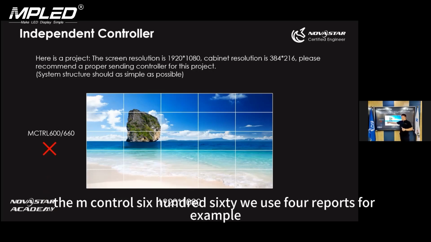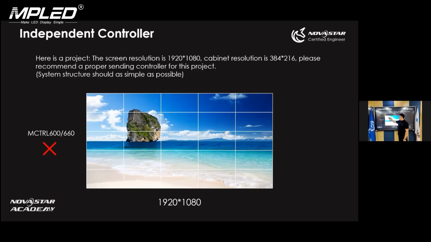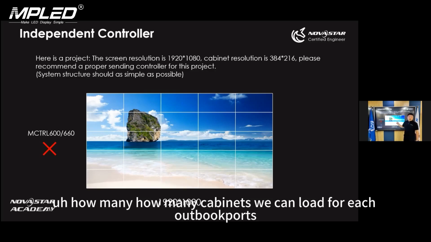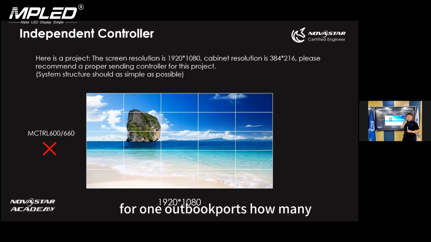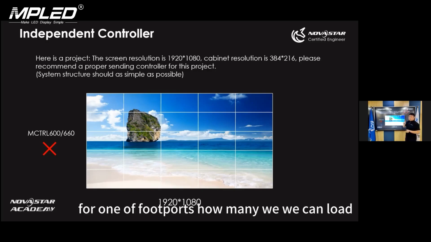With the AMP control 660, we use 4 output ports. For this cabinet resolution, how many cabinets can we load for each output port? Please give your answer in the chat room. For 1 output port, how many can we load?